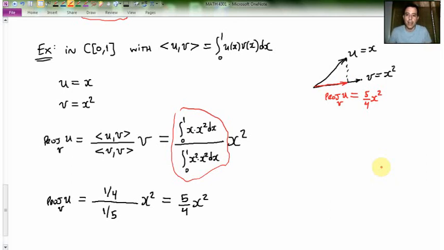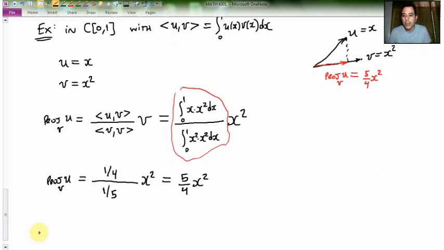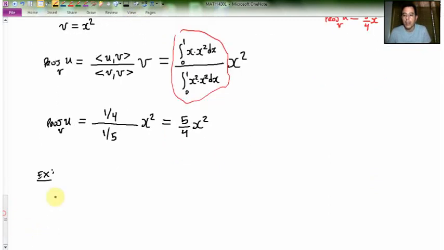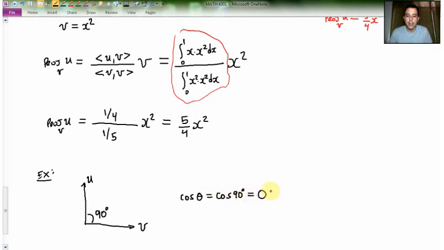Notice that projections depend on the inner product. Now let me show you an interesting situation. We all know what happens if the two vectors make an angle of 90 degrees. Let's say here is v and here is u. So this angle here is 90 degrees. That means the cosine of the angle should be cosine of 90 degrees, which is 0.